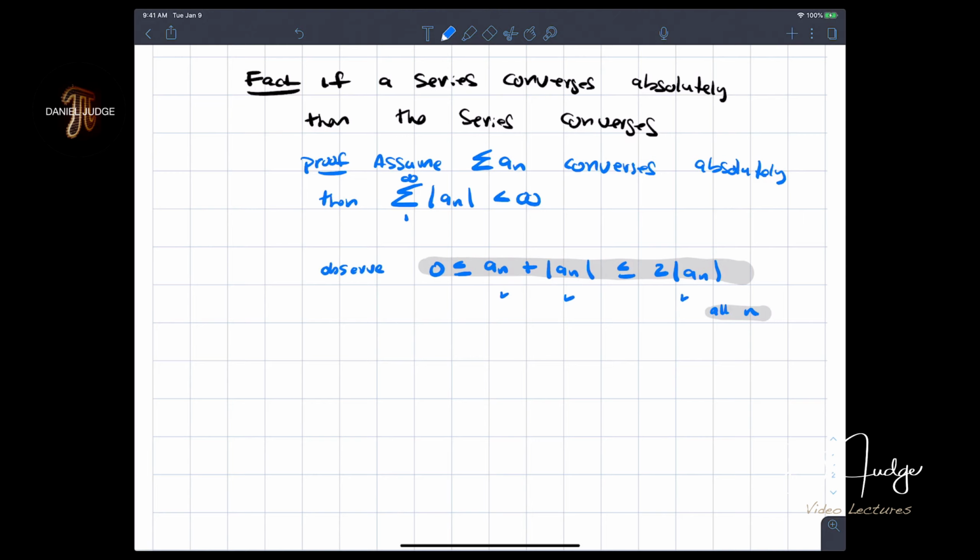Because this implies that if I now add the terms together, we want to know what happens to the sum of twice the absolute value of a_n. Well, if I pull out my constant by properties of series, that's twice that sum, which we know is finite.